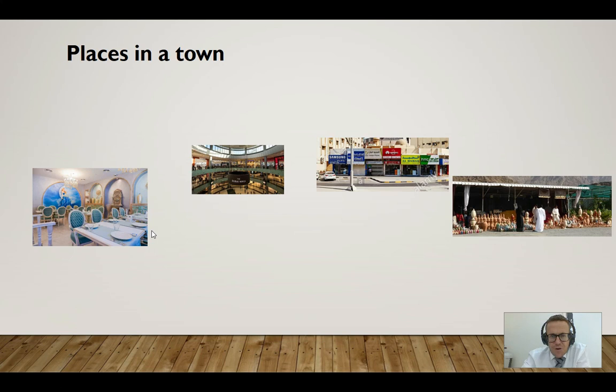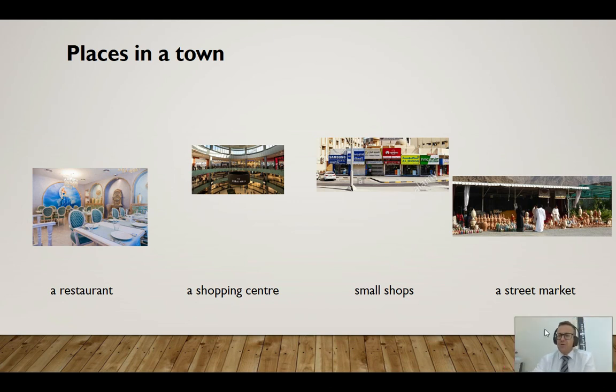Then 4 more. A restaurant. A shopping centre. You can also say shopping mall or just mall. Small shops. Street market. So a market is somewhere that sells something, but when it's outside on the road, we call it a street market.